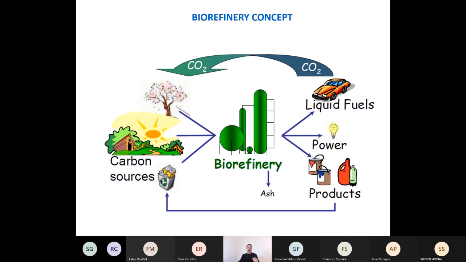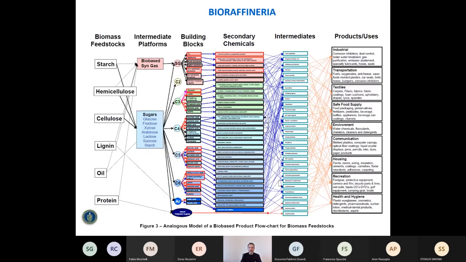If we want to really move from a fossil fuel economy to a green economy, we have to substitute fossil fuel products in every sector. This means that you have to produce energy and biofuels, but also every product with bioproducts.